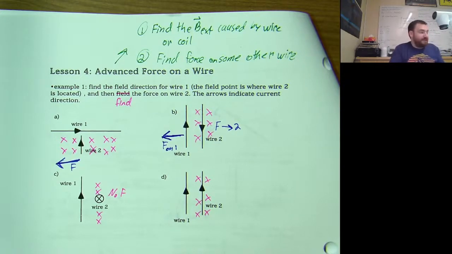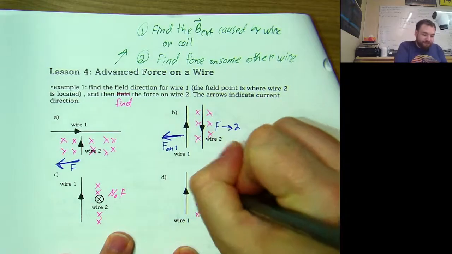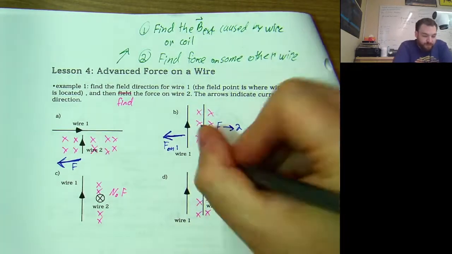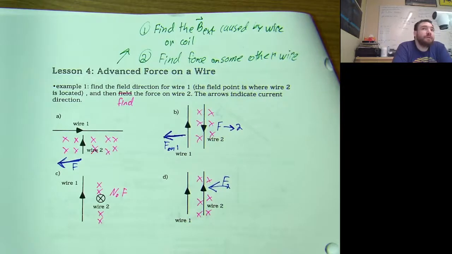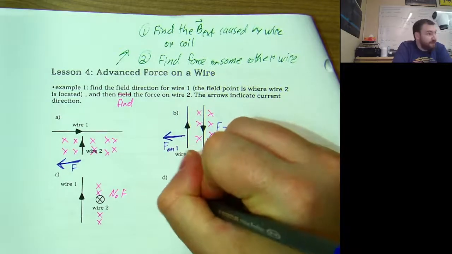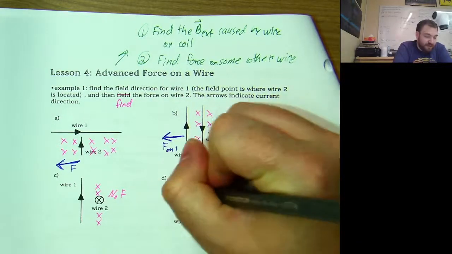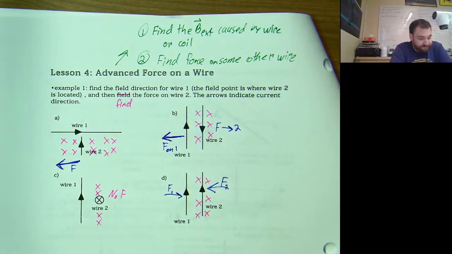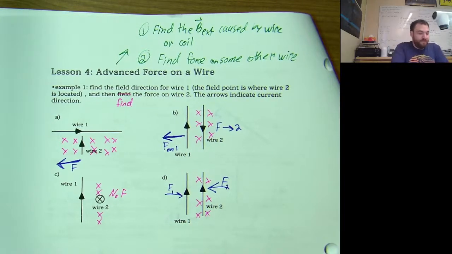So it's going to go to the left. So it's going to move inwards here. Force on 2. So then the force on wire 1, what happened to wire 1? Yeah, it's going to pull these things together. It's going to be equal and opposite. Yeah, because it's that whole region.